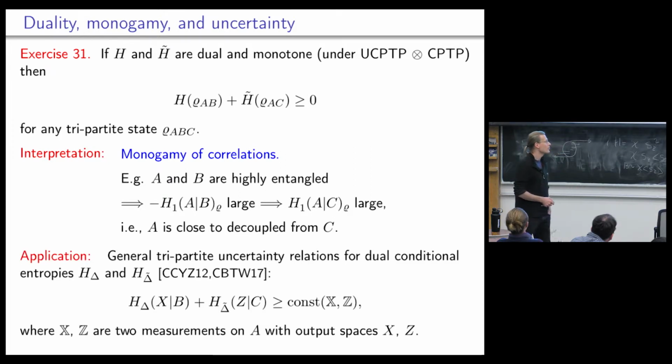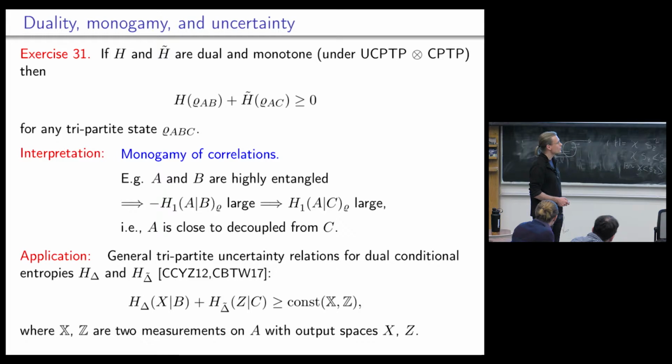And the beautiful application of this is that it is possible to derive general tripartite uncertainty relations for dual conditional entropies defined from some divergences, based only on certain assumptions on the properties of these things. So the first proof of the Maassen-Uffink uncertainty relation was quite involved mathematically, but this method developed in this paper is beautifully simple and only uses this duality relation, and we got such an uncertainty relation.